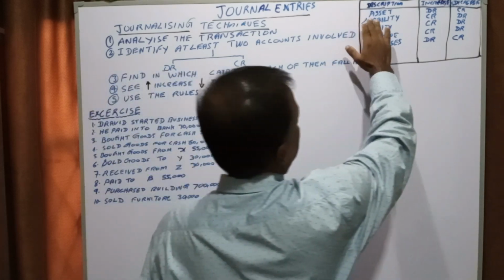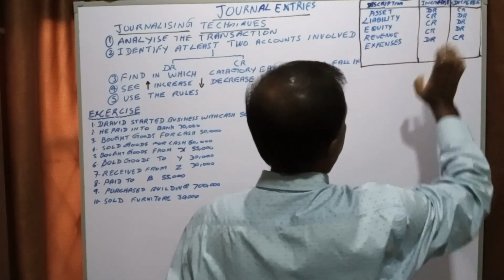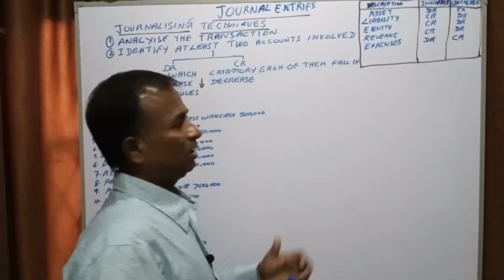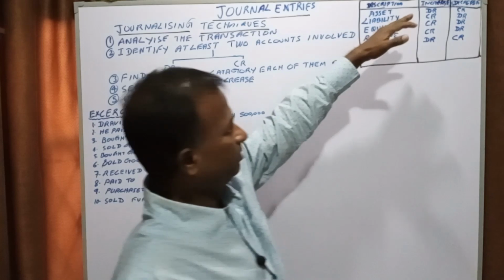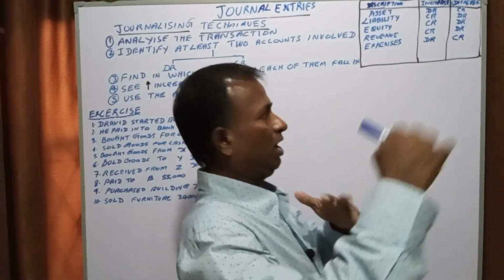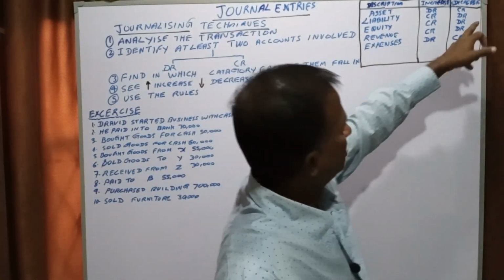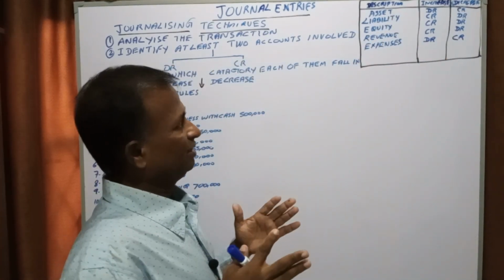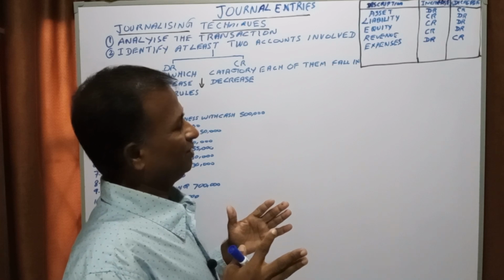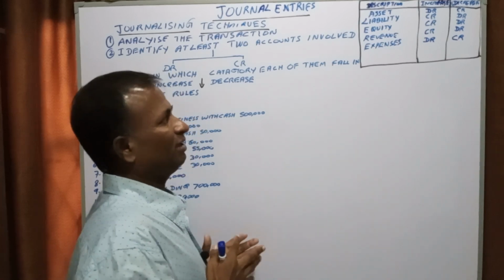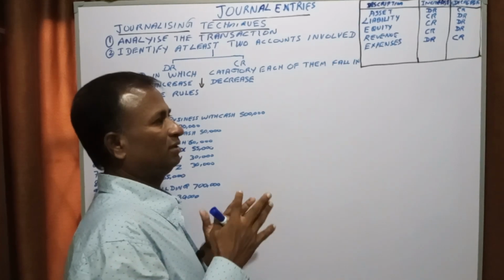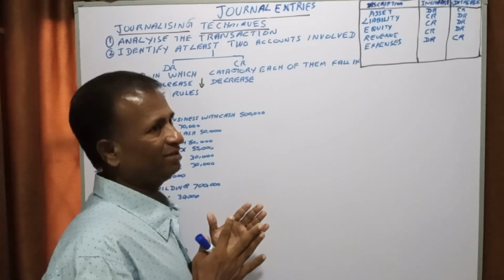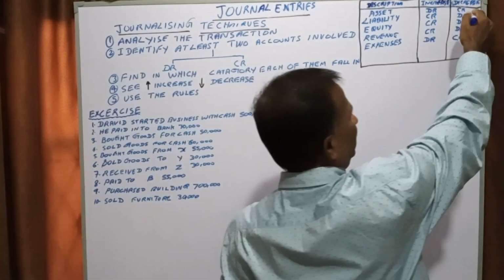When the asset is increasing, debit. When it is decreasing, credit. Because the asset is coming in, you are debiting. When the asset is going out, that is decreasing, credit. Liability: when we are settling the liability, our liability is decreasing, so we debit it.